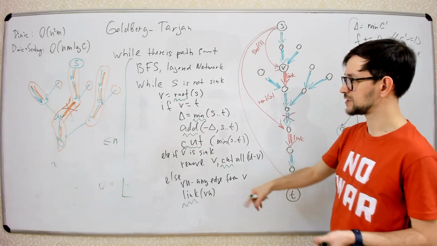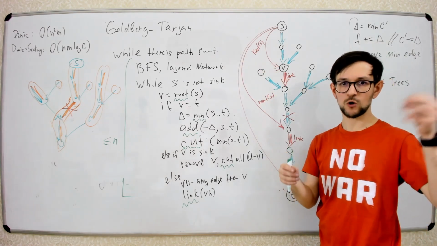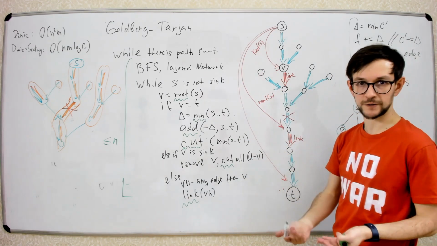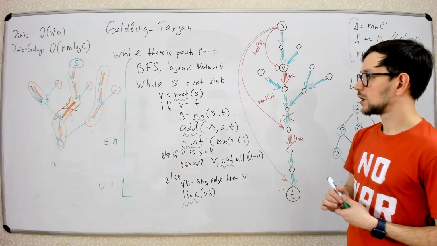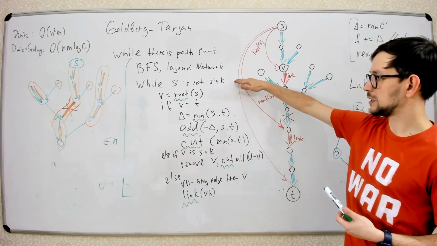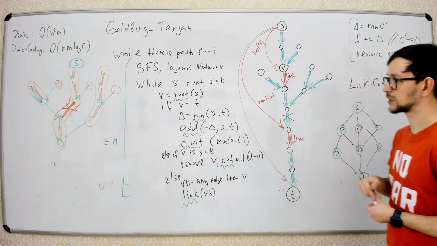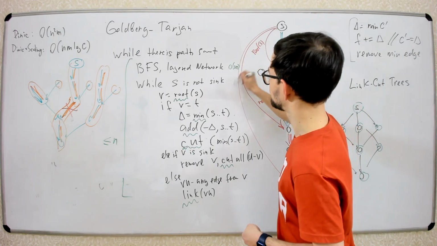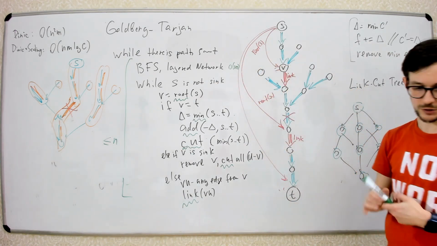When we finish this phase, we will find all possible shortest paths. This is just the faster way to find shortest paths, actually. Now, in this while, let's see what happens. So this is time m, to build this layered network and so on.